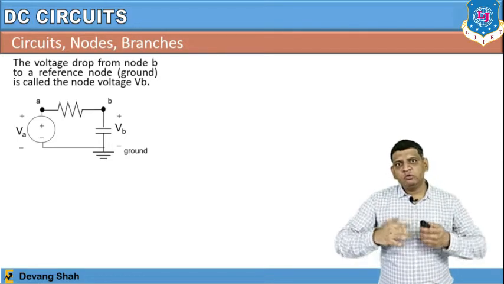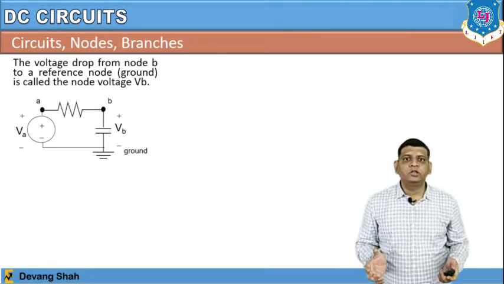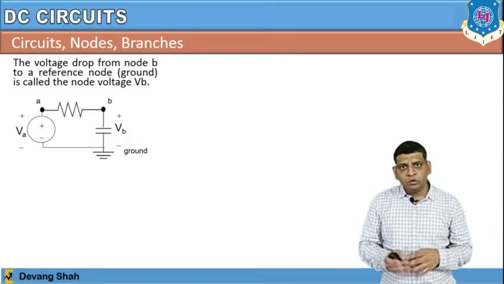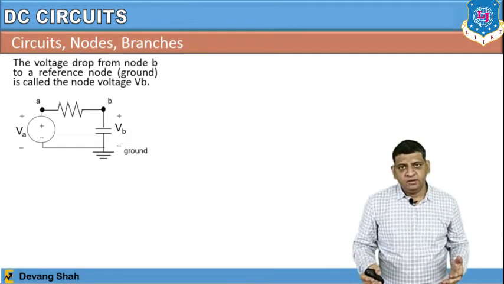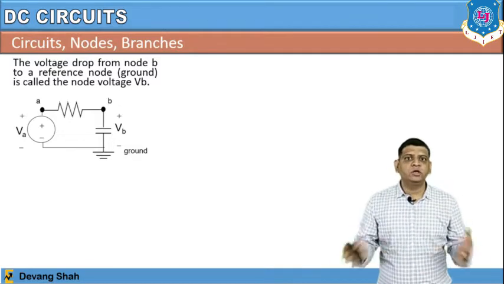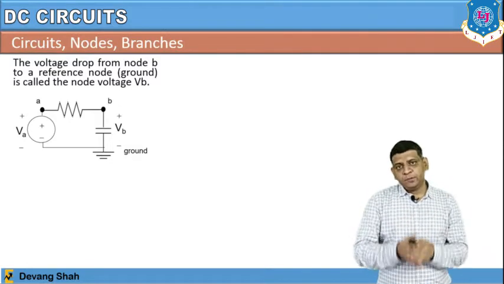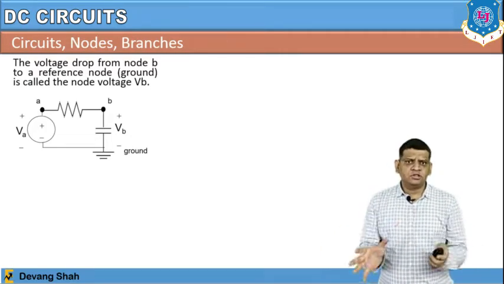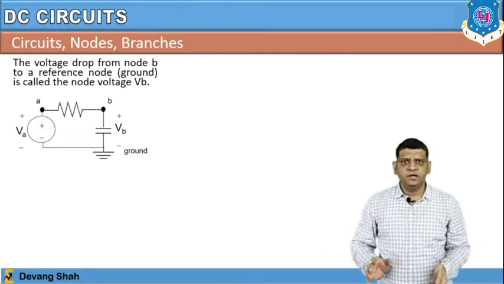Whatever voltage drop you get there is called the node voltage. Why is this very important? Because whenever you take a circuit and want to find the voltage drop at any particular point or branch, you can find all the voltage drops with respect to ground. So this is one of the terminologies in circuit design.